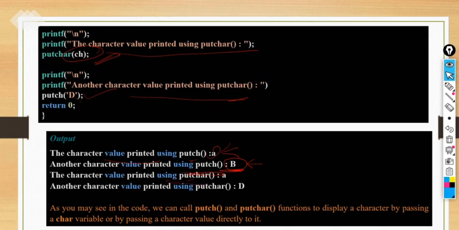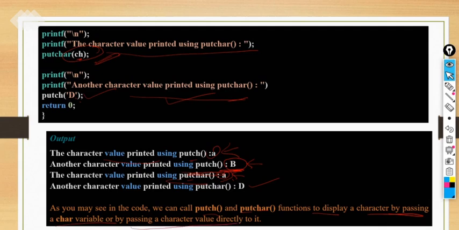Here in putchar, if you are trying to print the ch value, it will show you the value of ch, whatever it originally is. Now if you use a d in putchar, like printing the alphabet directly without any variable's help, then you can do it. Okay, so we can call the putch and putchar functions to display a character by passing a char variable or by passing a character value directly to it.